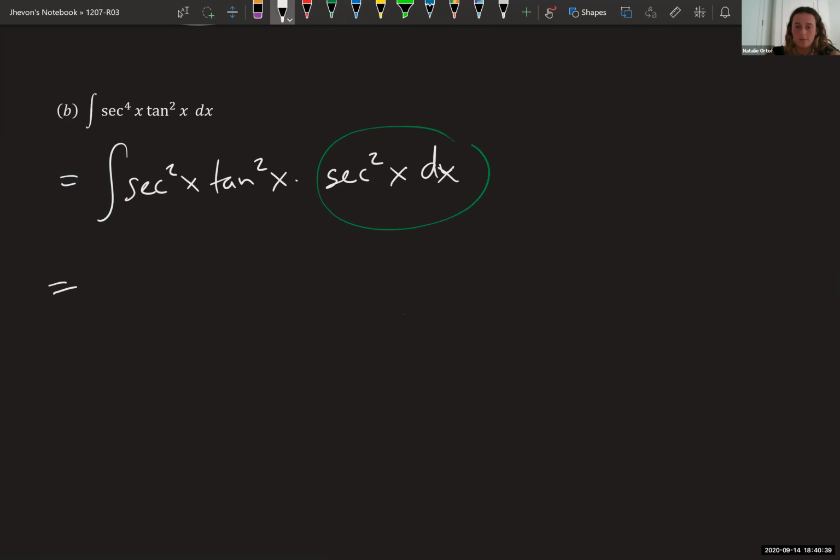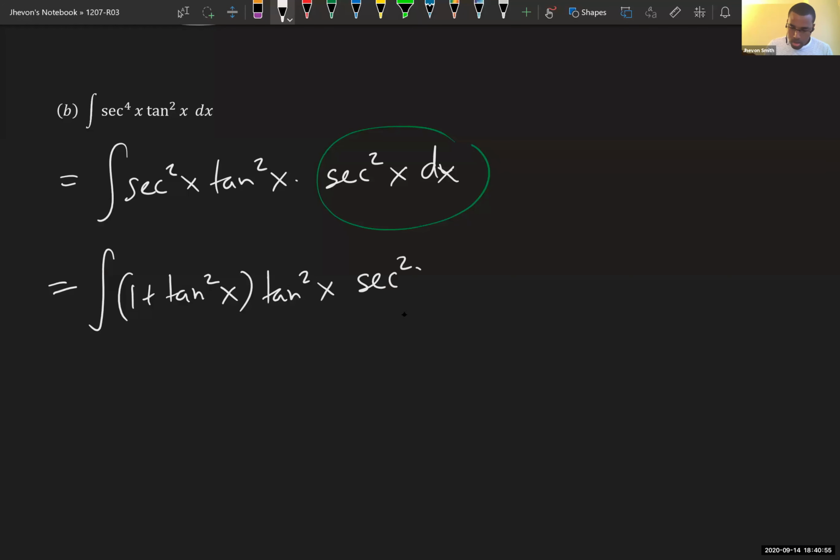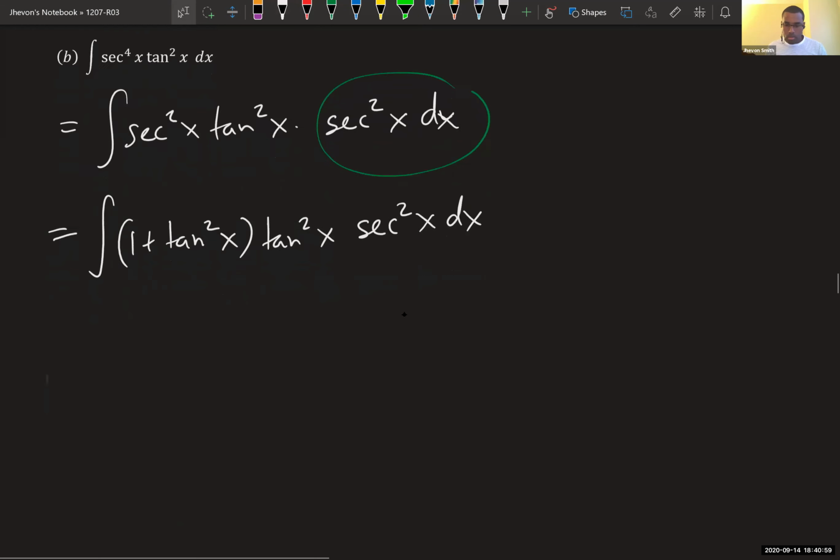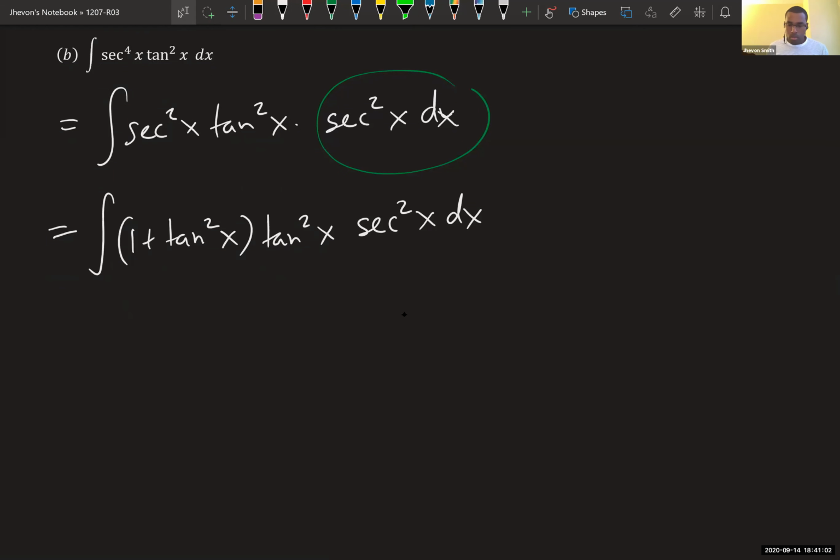I think you need to use the 1 plus tan squared x for this secant squared x. And then? But then would you substitute in du for secant squared x, u for tan x?